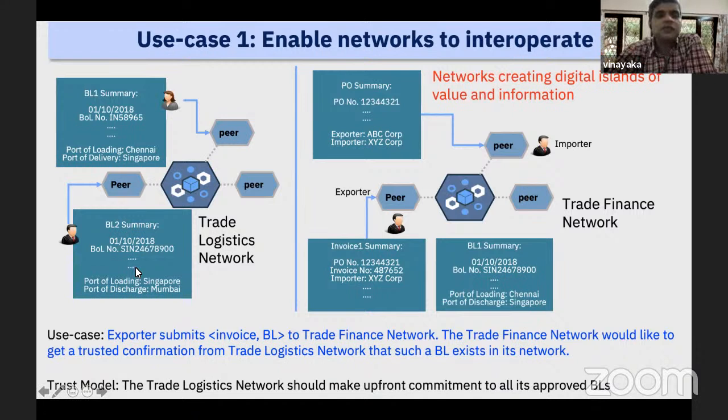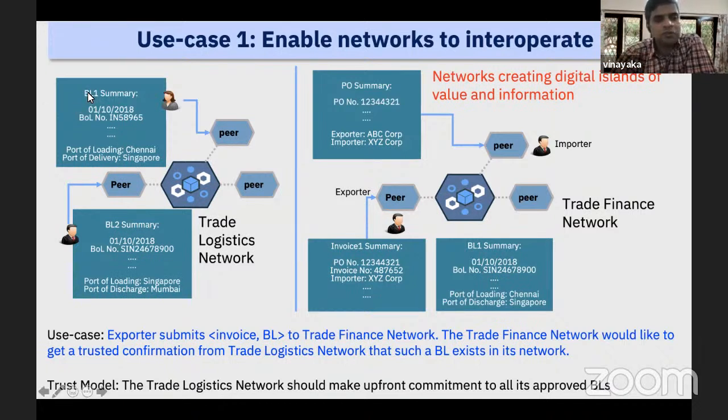Okay, so let's say that we have two networks. We have a trade logistics network, as I explained in the past. This is a network in which all trade logistics related information is going to be there. And specifically there is something called bill of lading, BL, which is basically a way for a shipper, like let's say a shipping company, to say that particular goods have been shipped onto my ship.